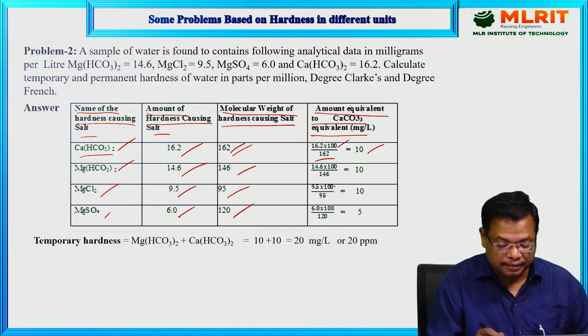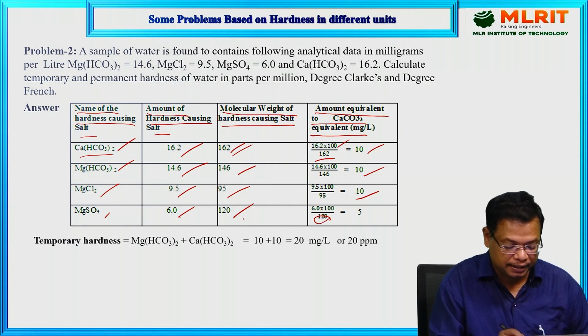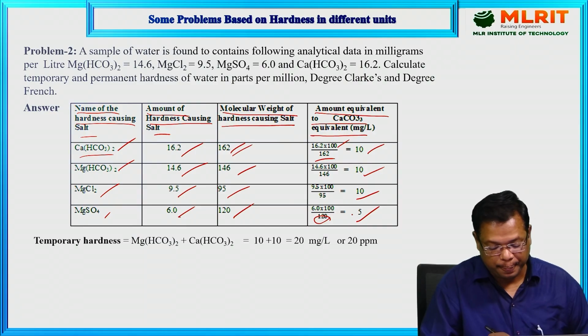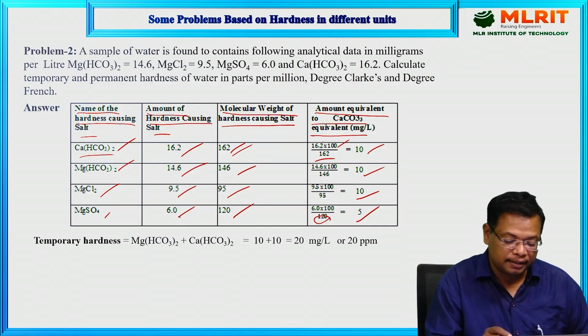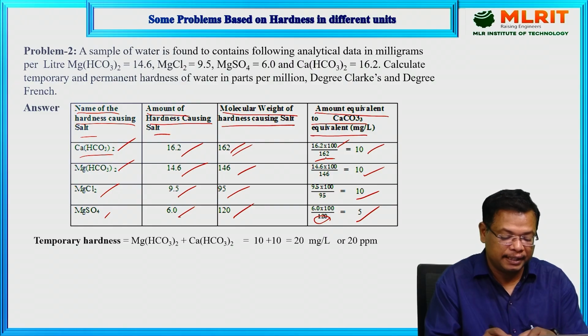This is 10, this is 10. 14.6 into 100 by 146 is 10, 9.5 into 100 by 95 is also 10, 6.0 into 100 by 120, where 120 is the molecular weight of the given salt, so it is 5. If you observe here, the given value is 16.2 and the molecular weight is 162, and the given value is 14.6 and the molecular weight is 146.